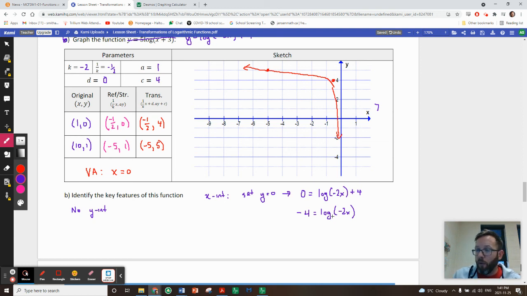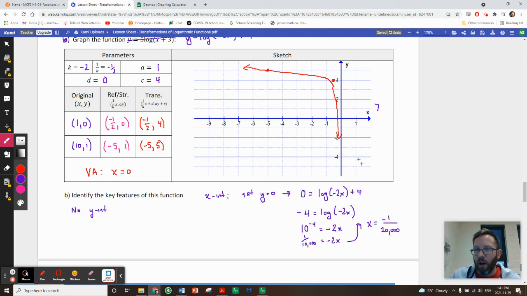So remember, for your common logarithm, the base is 10. 10, the exponent -4 equals -2 times x. And so we're basically almost done. 10 to the power of -4 is 1 over 10,000. And solving for that, we get x equals -1 over 20,000.